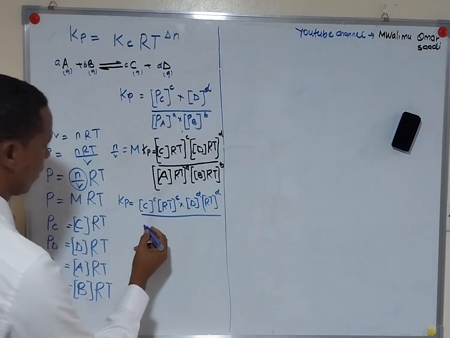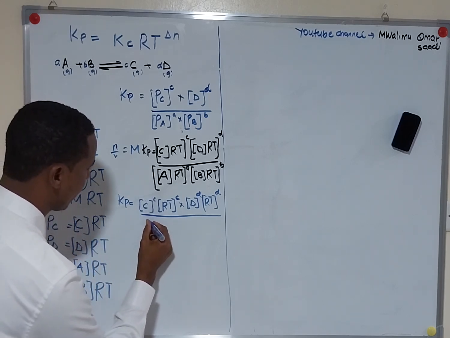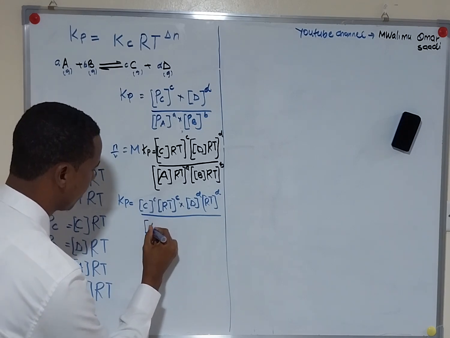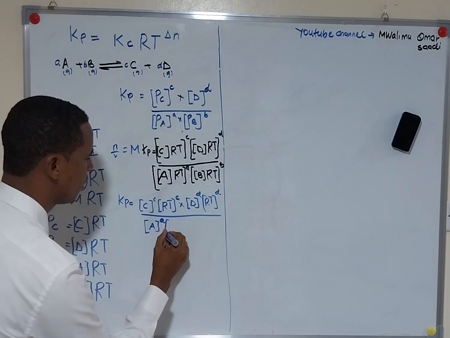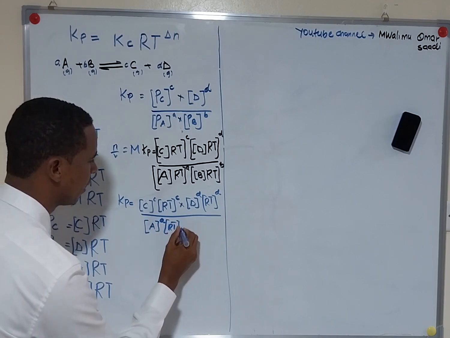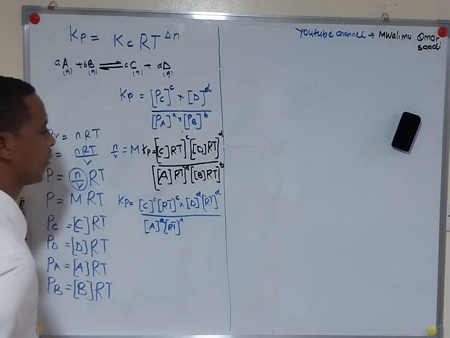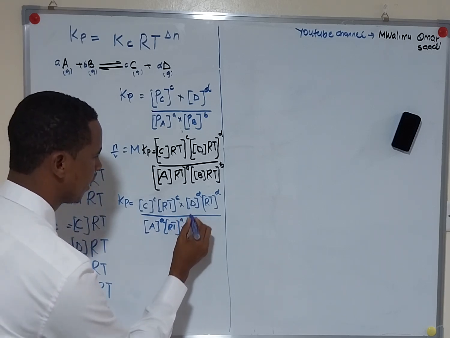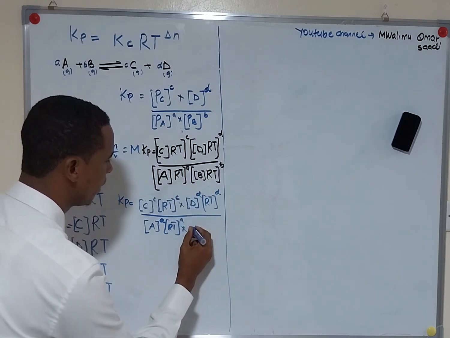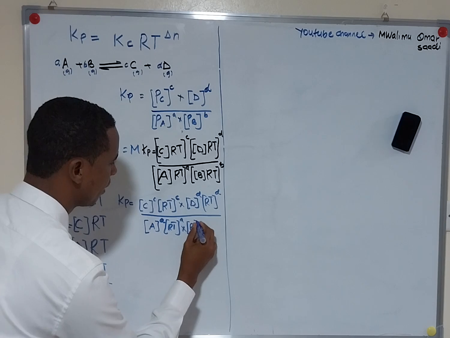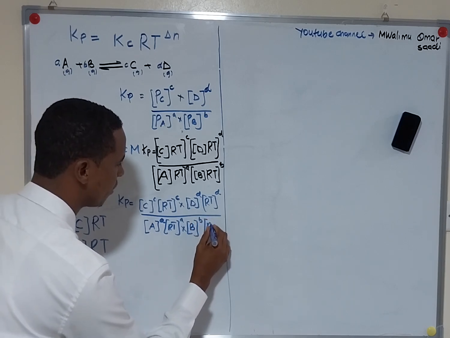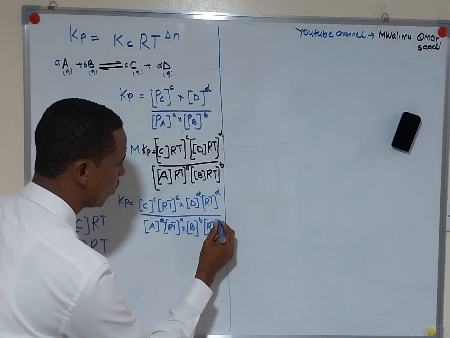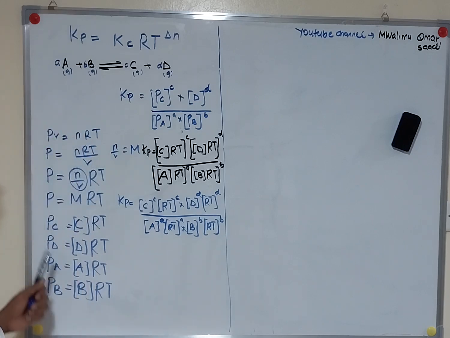And then, the concentration of A raised to small a, RT raised to a, times the concentration of B raised to b, RT raised to b.